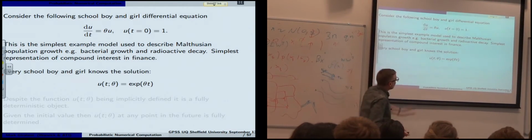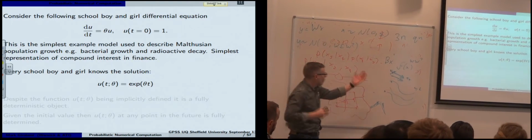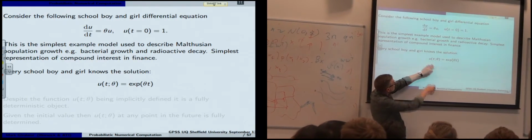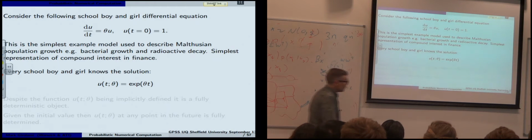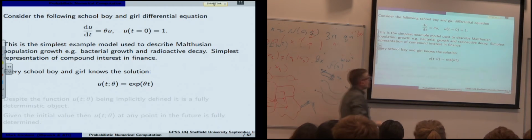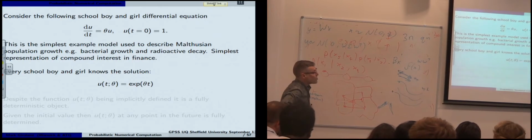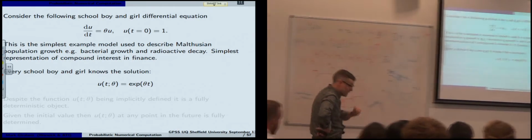Now, of course, this is an absolutely trivial problem. It's one that we all learnt, we all know the function of way back in school. We know that the function that satisfies these two conditions would be the function u of t given this parameter, we'll call it theta, this constant theta, and it's just equal to the exponential of the product of theta and t.